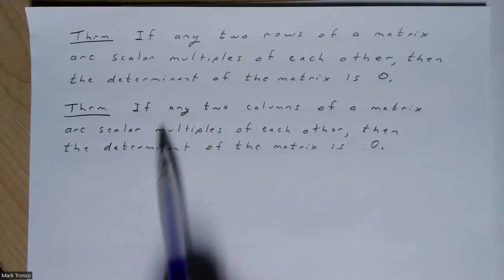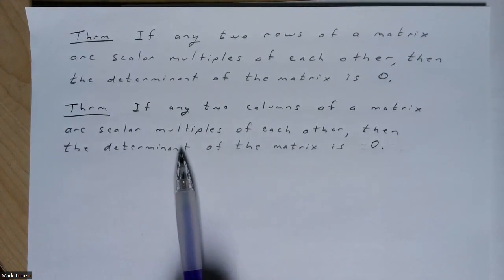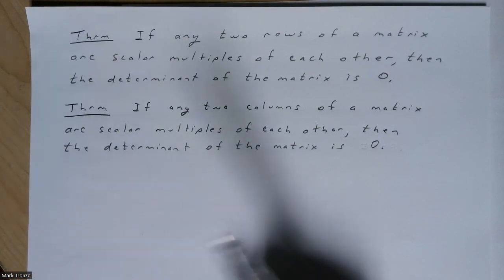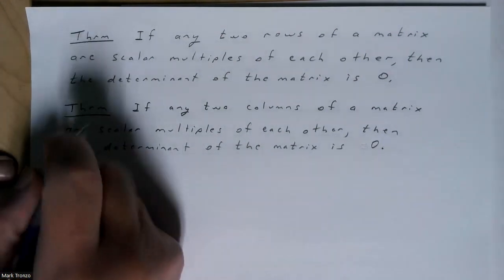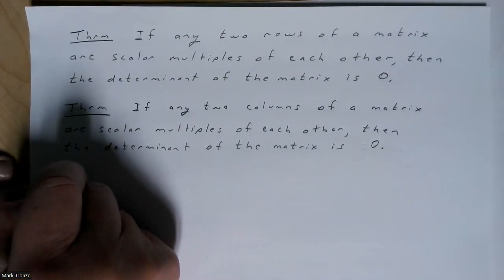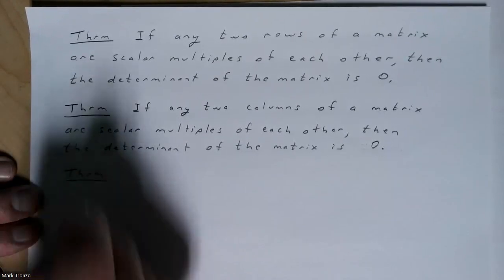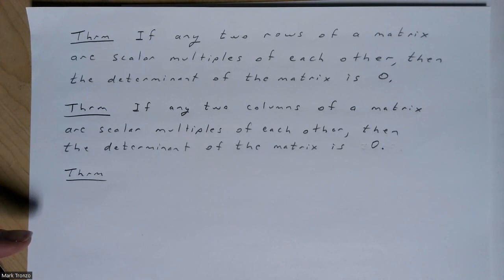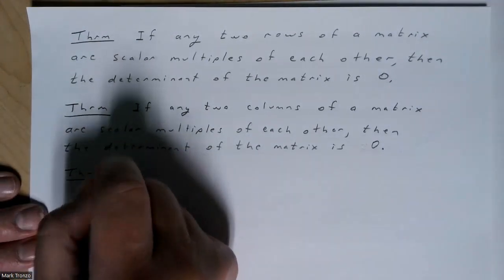And so closely related to this, remember, the 0 row would be the scalar multiple of any other row. So you could write that as a separate theorem, even though this first one would imply these other two.